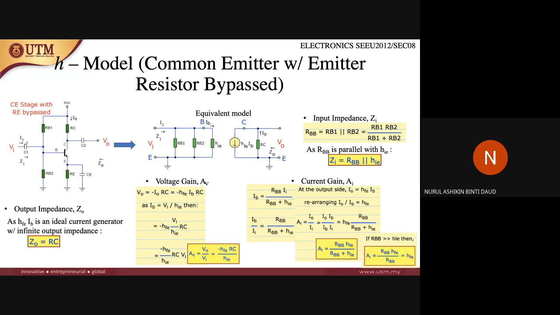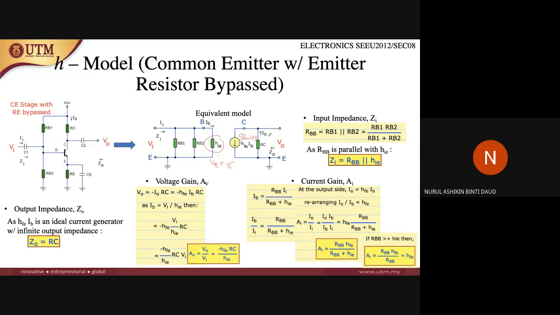It will be v pi over r pi, and at this part it will be gm v pi. RB1, RB2 are the same, and RC is also the same.